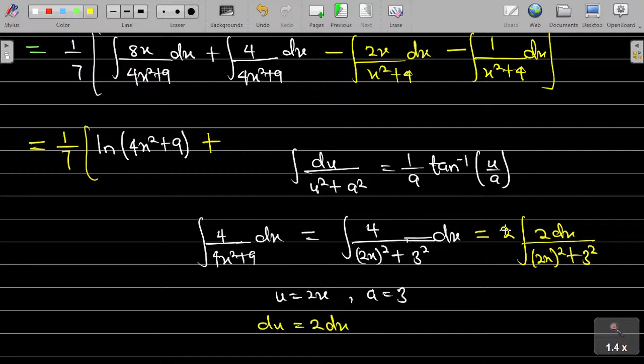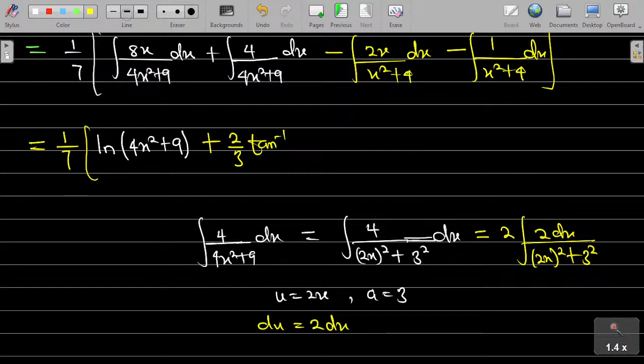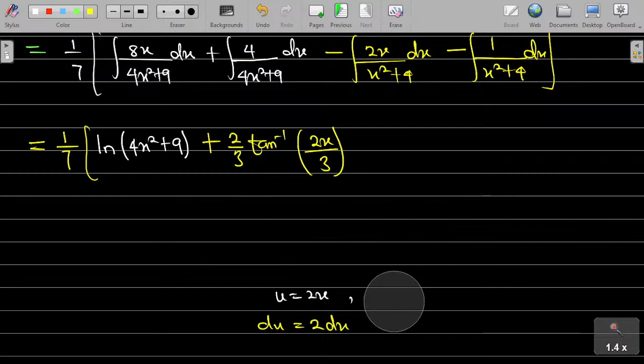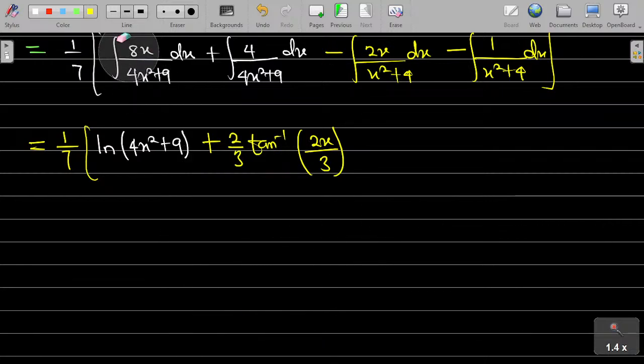So we are going to get 2 over 3 here, and then tan inverse of u over a, and our u is 2x, so that will be tan inverse of 2x all over a, which is 3. So you see, that hint was very important to help us analyze this to get what the integral should be.